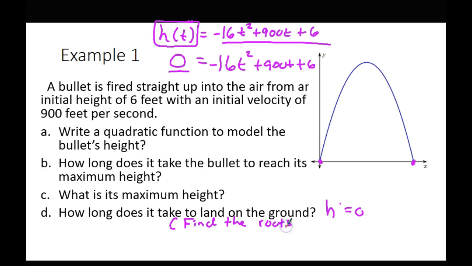Roots. And how do you do that? Use the quadratic formula. So, if you want to find out the maximum height, you do the negative b over 2a thing, right? If you want to find when it lands on the ground, use the quadratic formula. All right. So let's go ahead and do that.